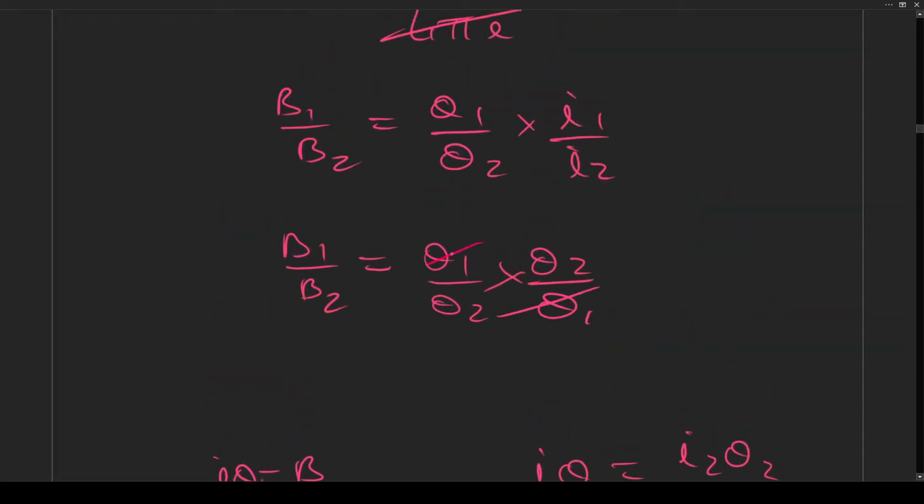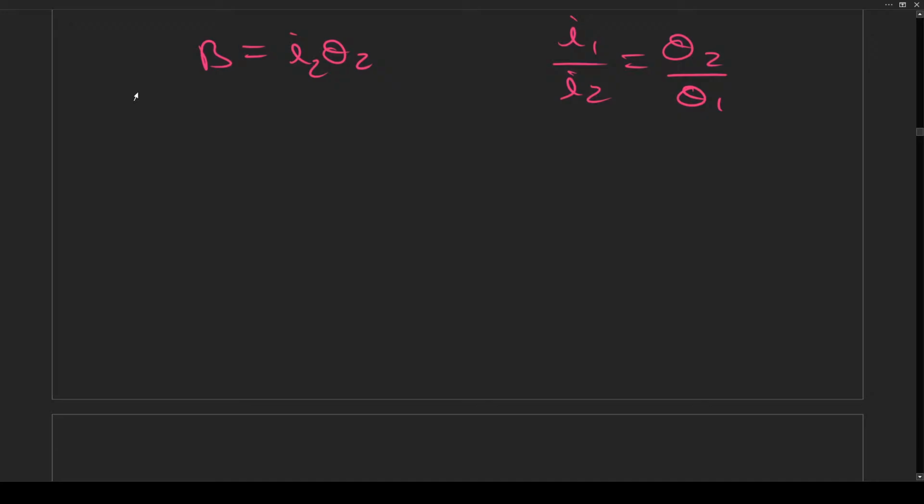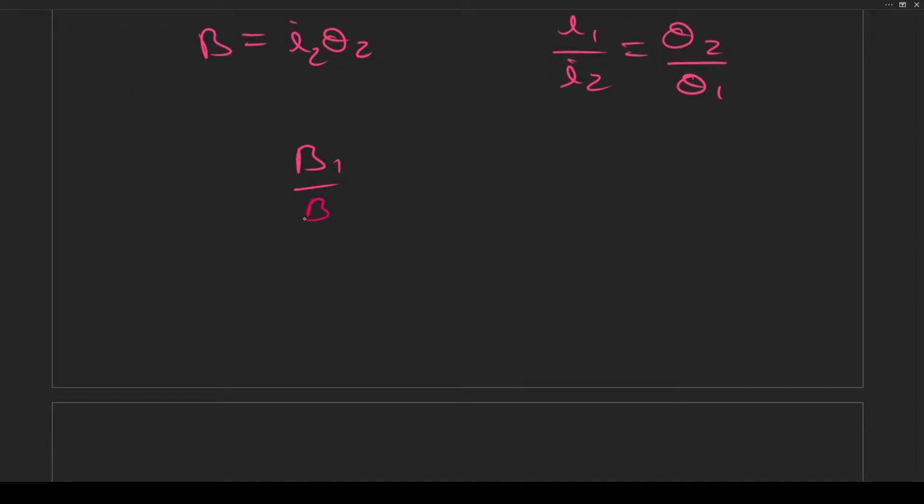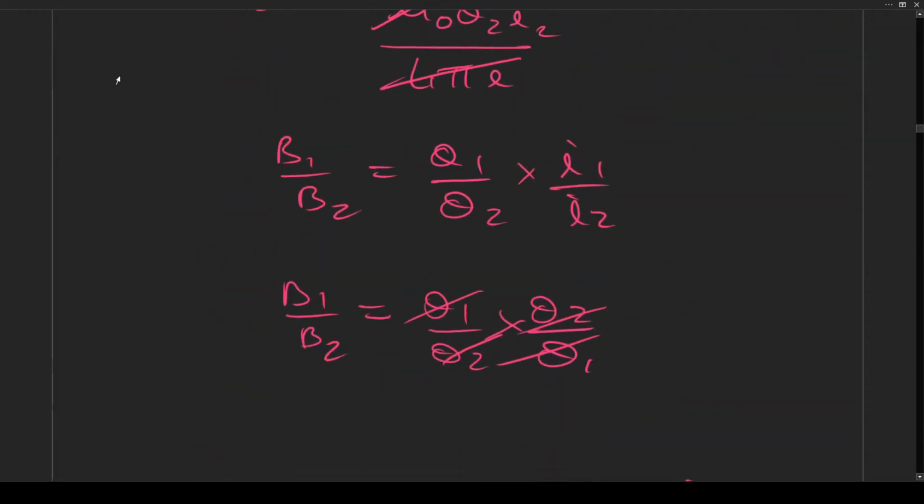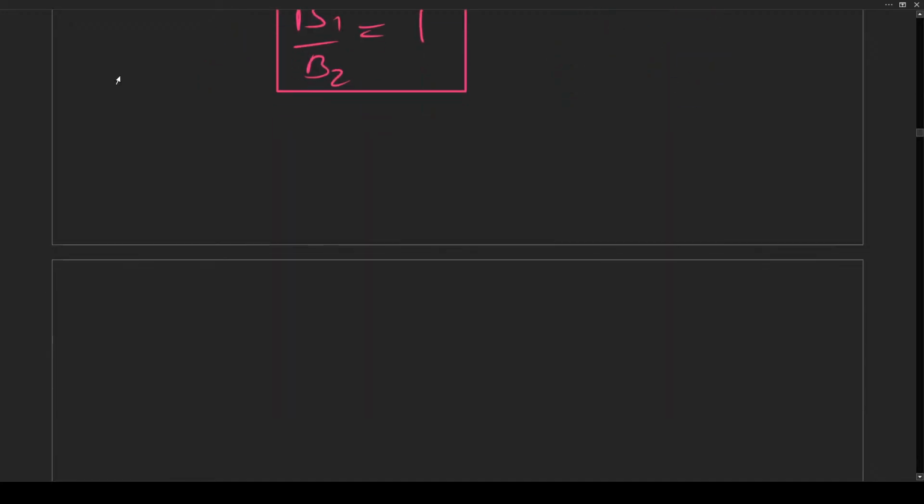Based on this, we will get B1 by B2 always equal to 1 no matter the angle. Here they gave 60 degrees, but it does not matter. No matter the angle, it will always be 1.